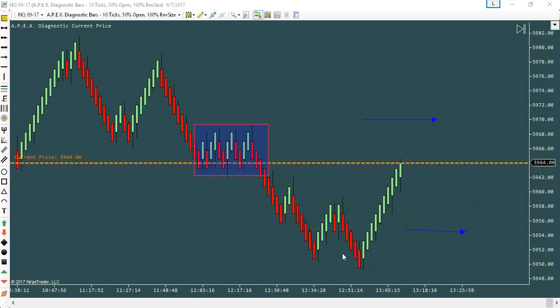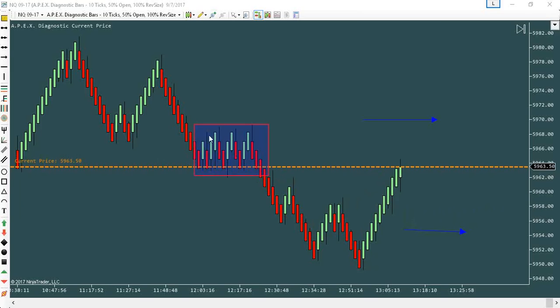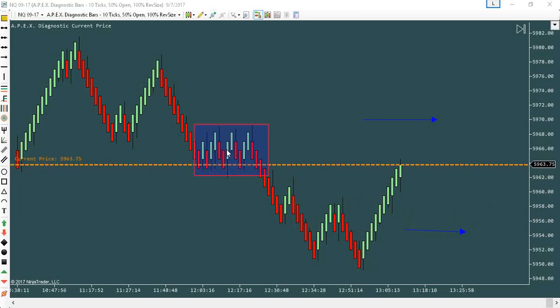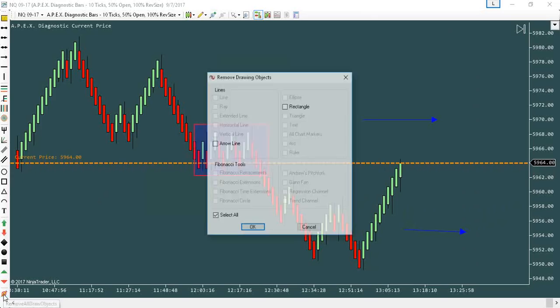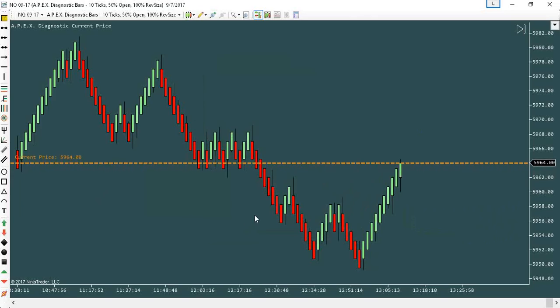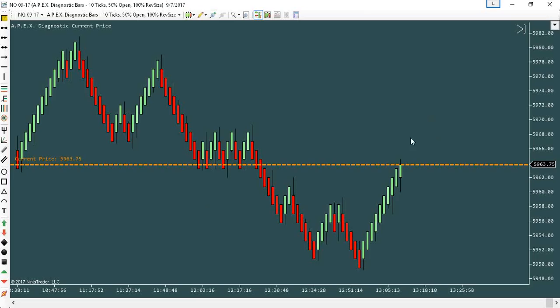When we're expecting moves, I could have traded that several different ways, right, Sydney? If I saw this breakout and knew it was going south, what could I have done? Let me just remove all objects here. We're getting a little off track, but this will help set up the rest of the webinar.